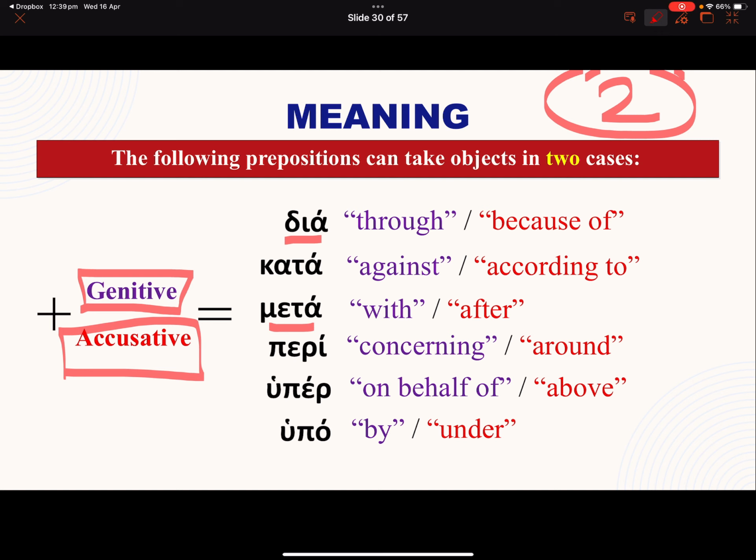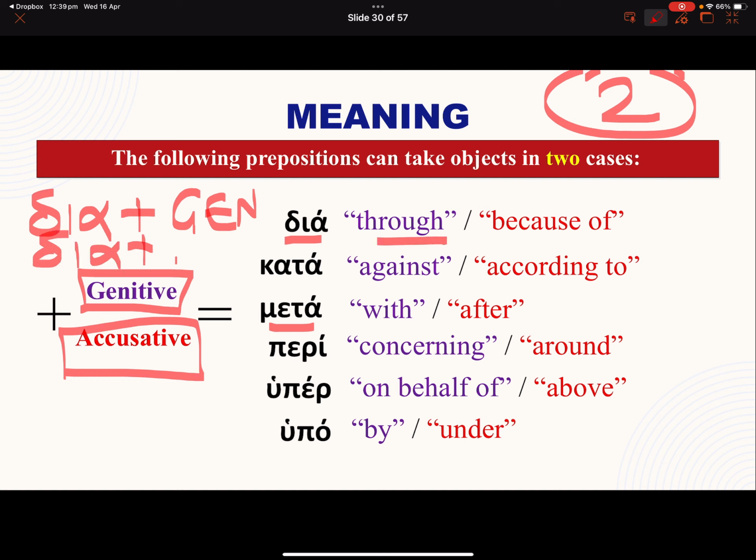So when you memorize a word like dia, you really need to memorize dia plus genitive means through. Dia plus accusative means because of, right? So you're going to learn two different meanings for the word dia. So dia can mean through or because of.